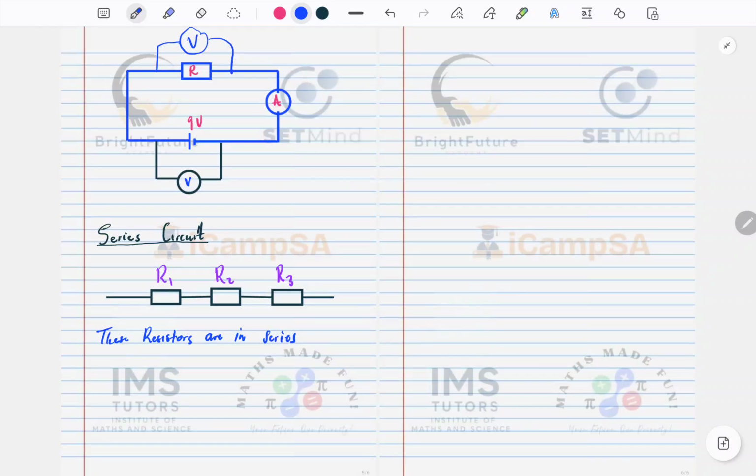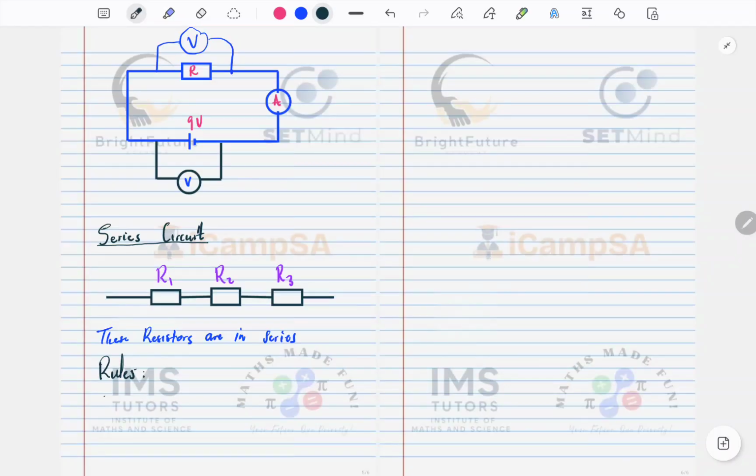And then we've got a bunch of rules for series resistance. So, number 1, let's say we want total resistance, okay? Let's put them here, rules.